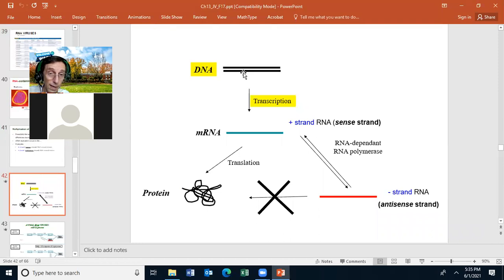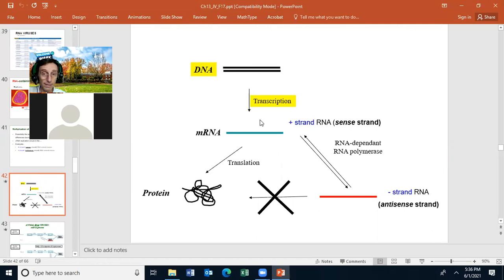And then you transcribe the DNA to get viral messenger RNA, which will move into the cytoplasm and be translated into the viral proteins, and then the viral protein will get together with the newly replicated viral DNA.